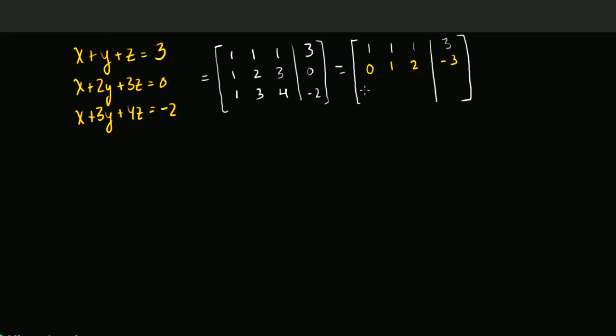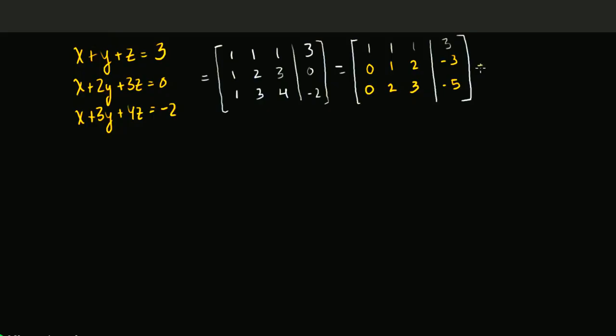So 1 minus 1 is 0. 3 minus 1 is 2. 4 minus 1 is 3. Minus 2 minus 3 is minus 5. Fair enough. So I got my pivot entry here. I have another pivot entry here. It's to the right of this one, which is what I want for reduced row echelon form. Now I need to target this entry and that entry, and I need to zero them out.